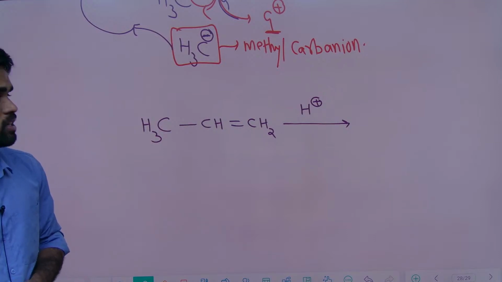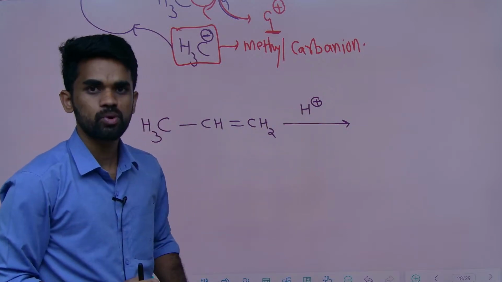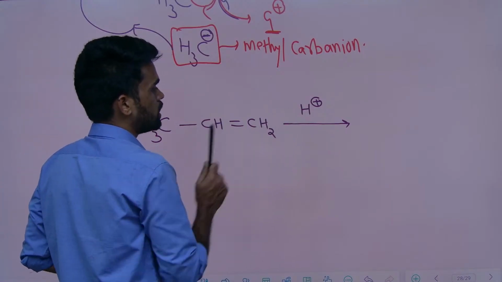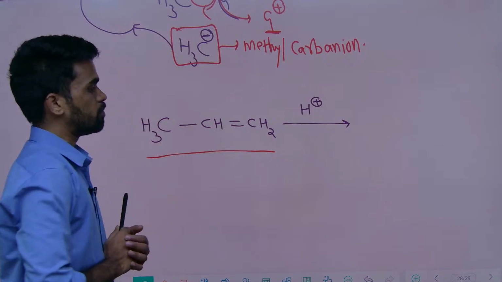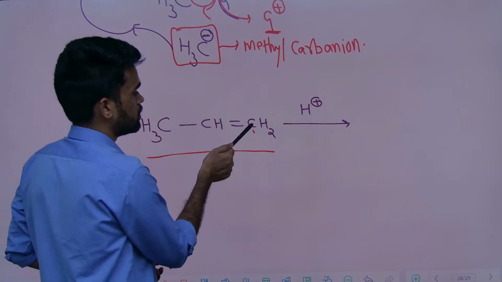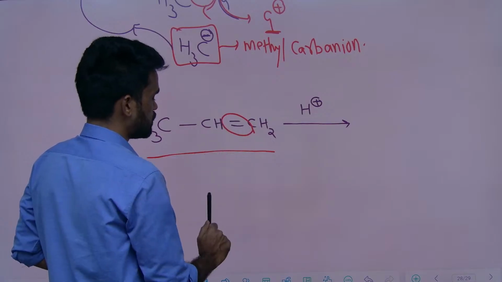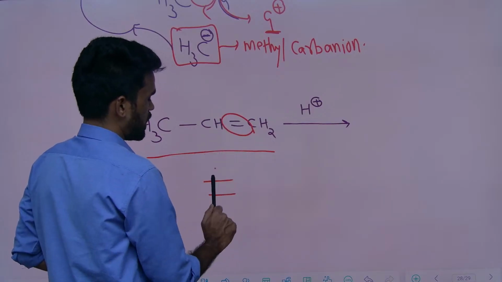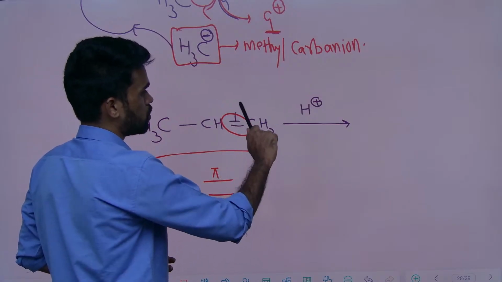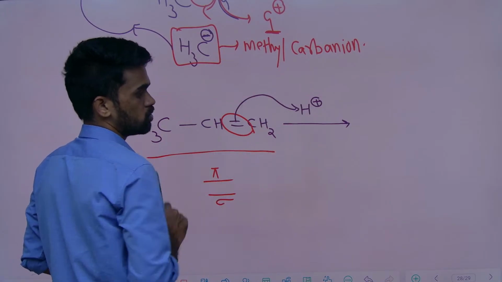Why is it deficient? Because there are no electrons in this proton. So to this deficiency I can donate the electrons from this compound. But where do we have the electron donating capacity? Here, this pi electron, because a sigma bond and a pi bond are there. The pi bond is weaker compared with the sigma bond. So that's why these pi bonded electrons can be donated to this H plus.